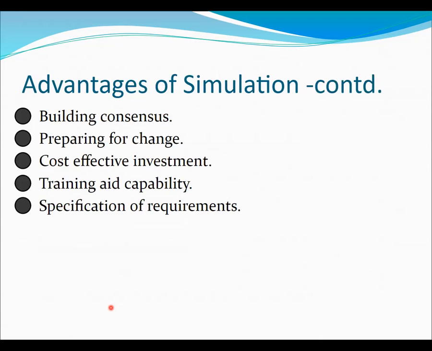That's why sometimes you can build consensus with that. You can prepare people for change. It's also a cost-effective investment. Making changes to the real world system could be a very costly endeavor, so simulation could help you make decisions in a cost-effective way.